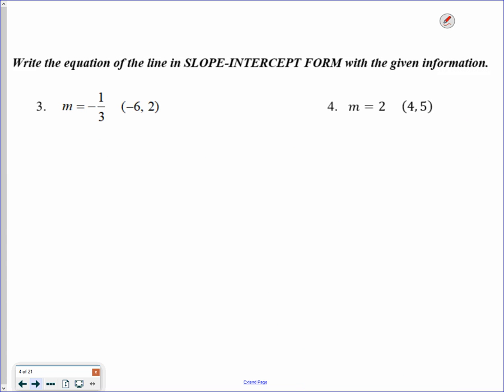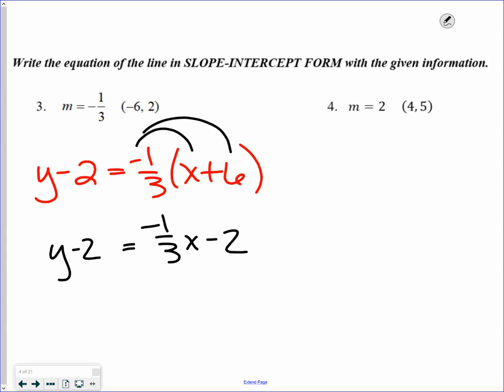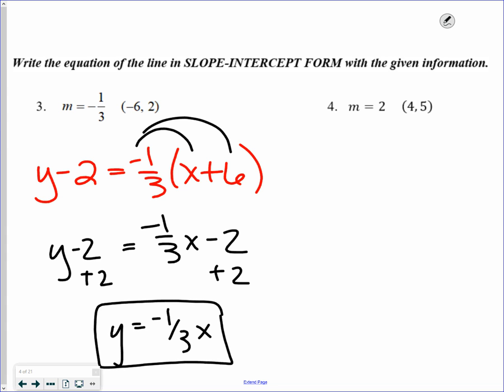Now I have to use the point slope formula. So y minus the y of the point equals slope, x minus the x of the point. We're going to distribute that -1/3, and then we are going to add 2 to put it in slope-intercept form. So -1/3 x.